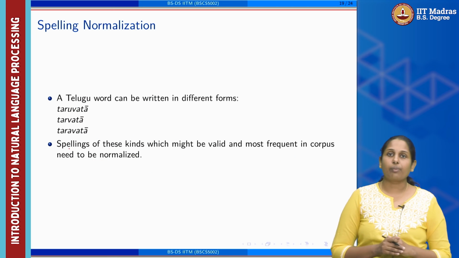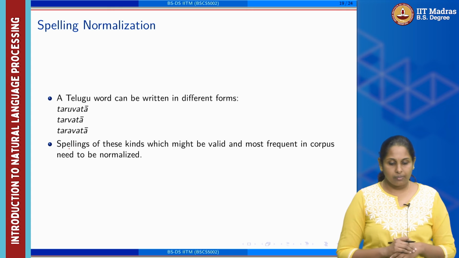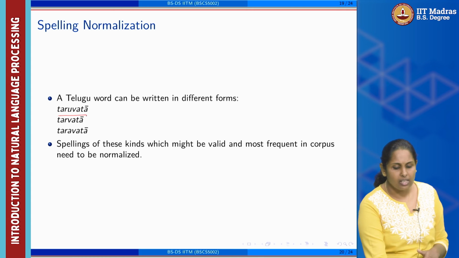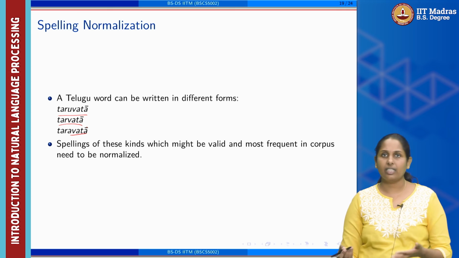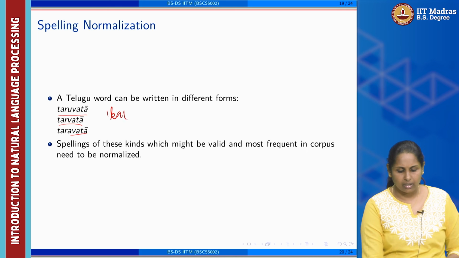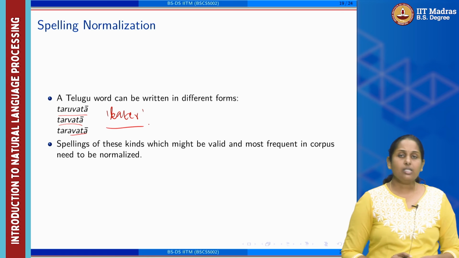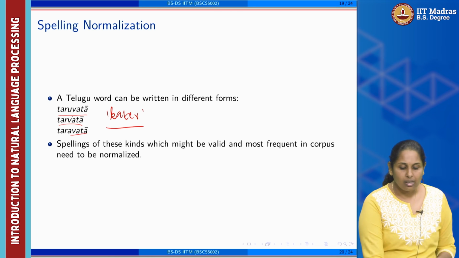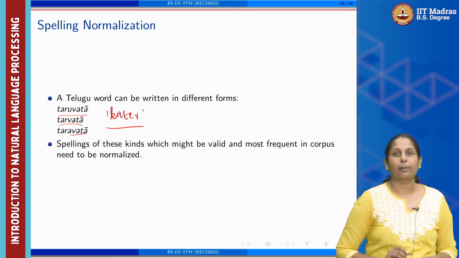Spelling normalization is another important thing. For example, the Telugu word taruvata means later or afterwards. This particular word can be written in multiple ways. It can be written as taruvata, tarvata or taravata, right?